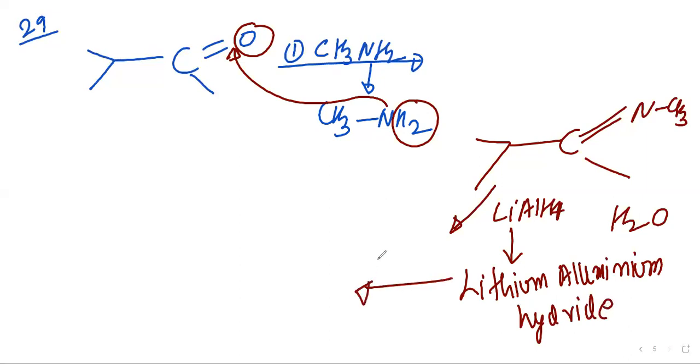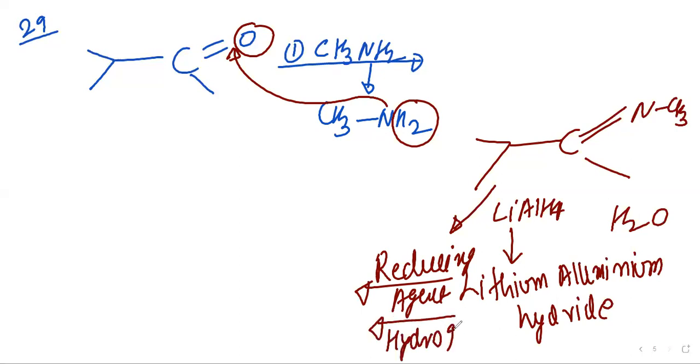What does lithium aluminum hydride do? It produces hydrogen, H plus. H plus is also called nascent hydrogen. So see here, one H will attach here and one will be attached here. So addition of hydrogen will be there.